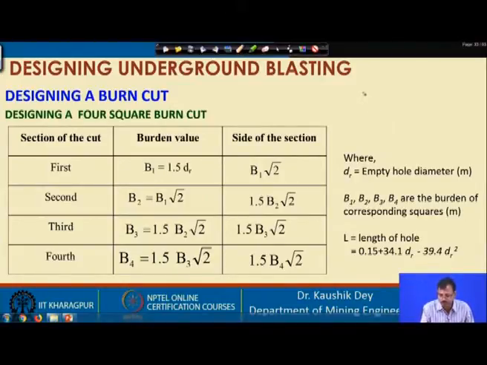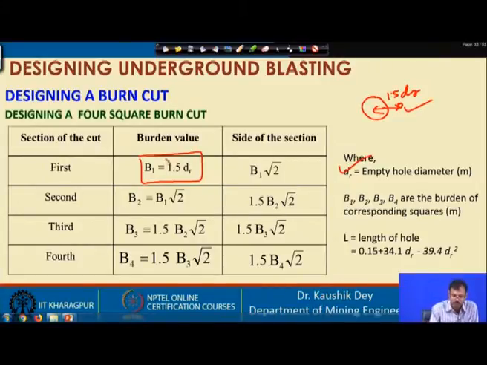Say this is our empty hole diameter, dr. Then the first burden for the first hole, as per the Lange-Fors-Kihlstrom criteria, is considered center to center. This first burden distance is 1.5 dr for this hole.